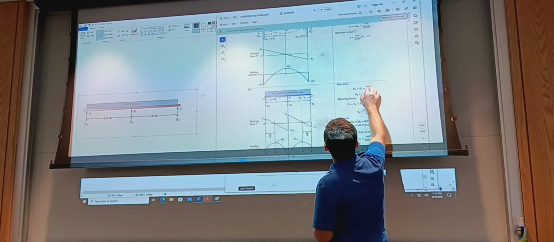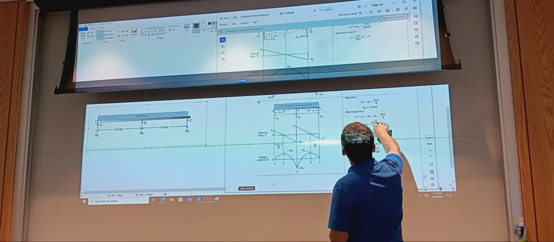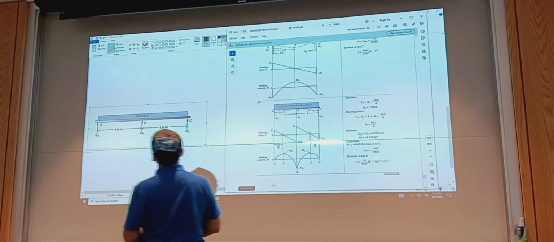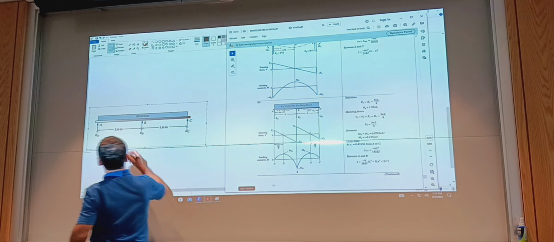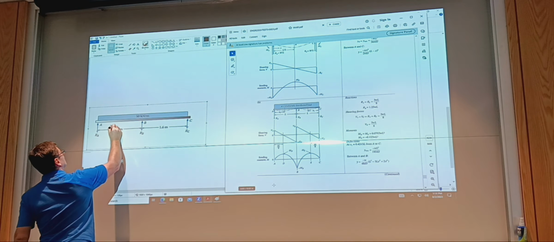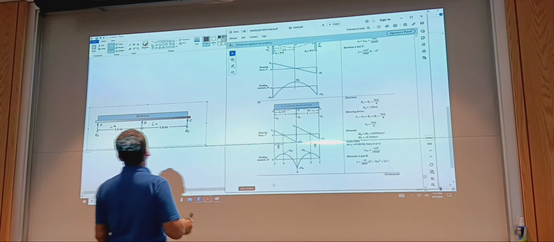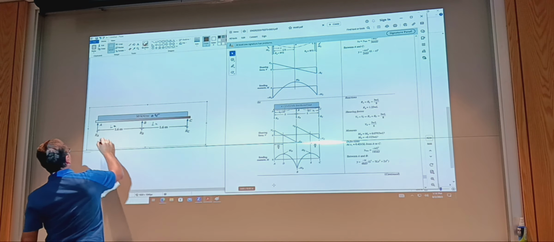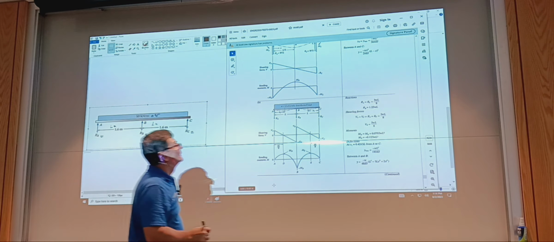We have reaction at A equals reaction at C because of symmetry, and then reaction at B is 1.25 distributed load times L. In our case, L is going to be 1.6 meters. This is W.